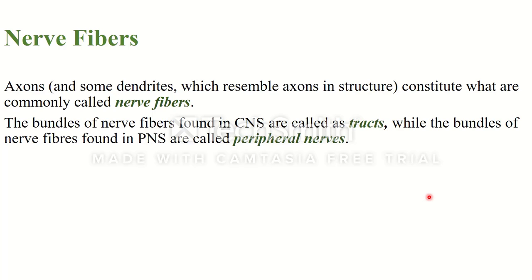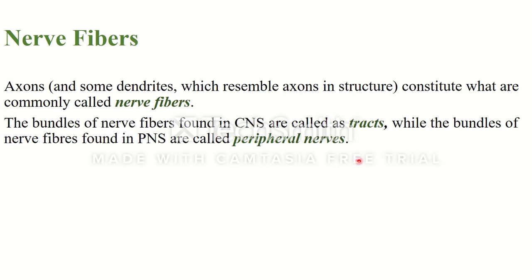The axons, usually the axons of fibers, are also called nerve fibers. The collection of nerve fibers, or the collection of axons, in the central nervous system is called a tract.